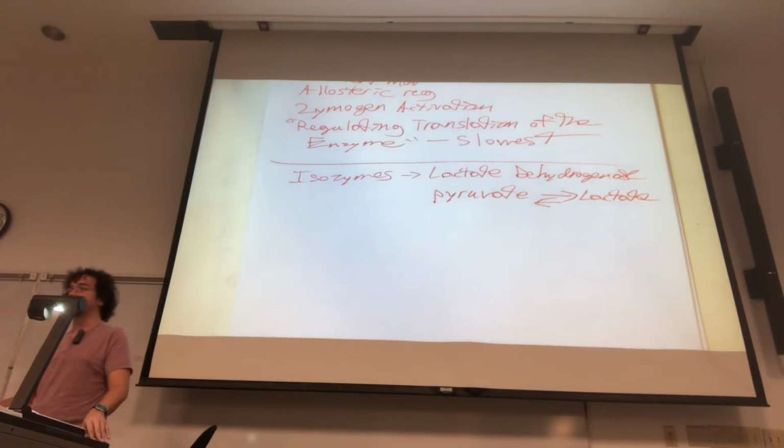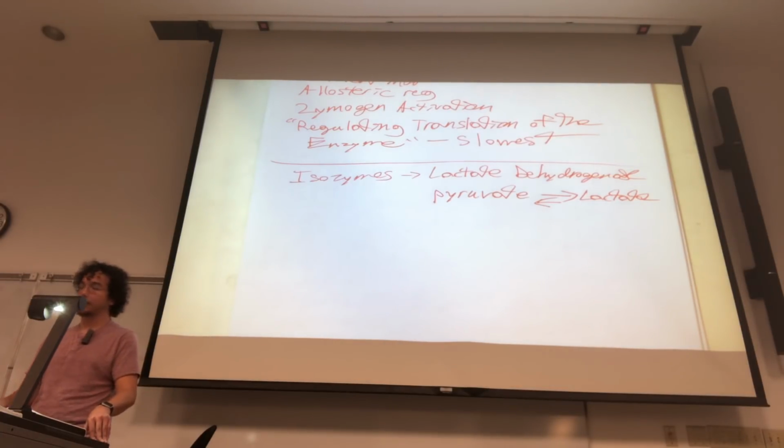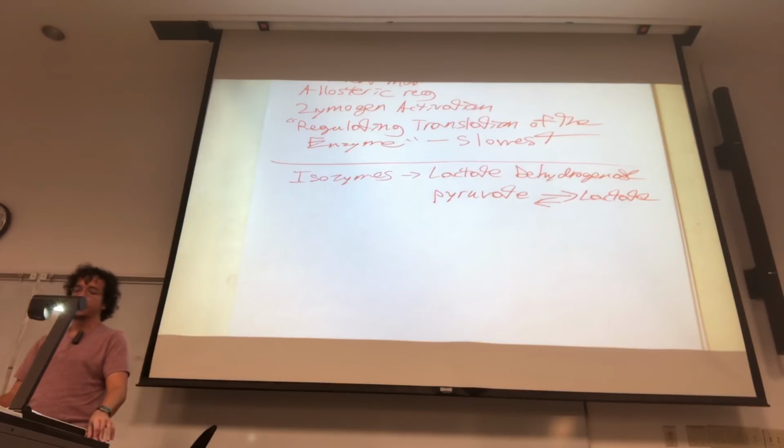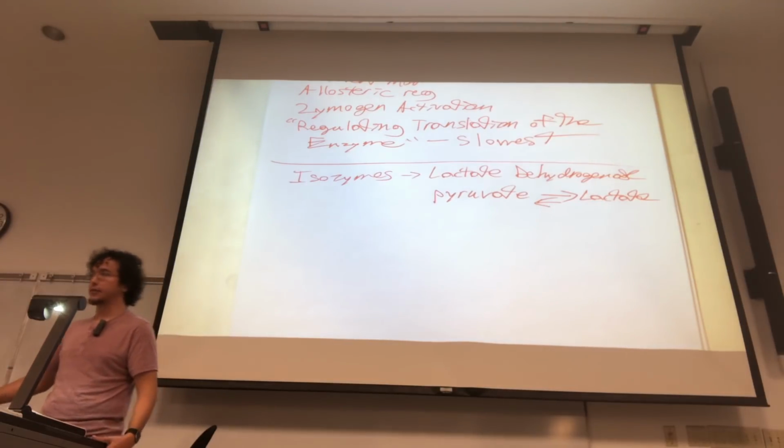The reason why it has this dual function, this potential ability to catalyze each direction here, is because what an isozyme is, it's the same enzyme that has multiple different compositions. I'm not going to draw out the diagram for this.